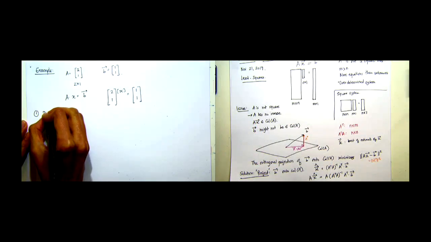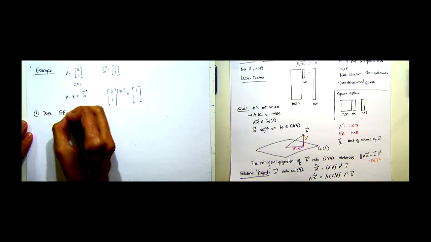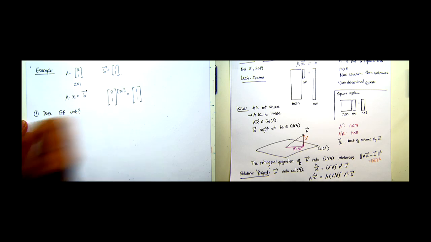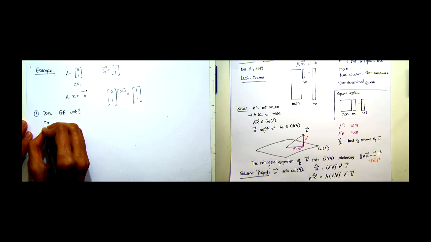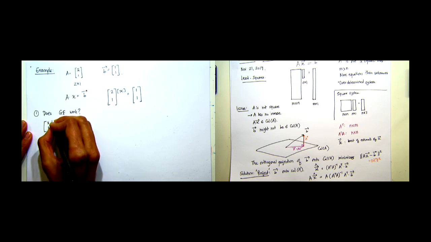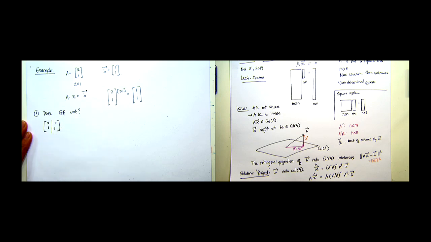So let's just see what happens if we do our natural, autocorrect response to a system of linear equations. Does Gaussian elimination work? Let me make the augmented matrix. 2, 1, 1, 1 is the augmented matrix in this case.